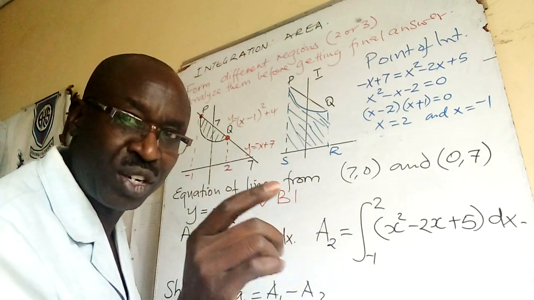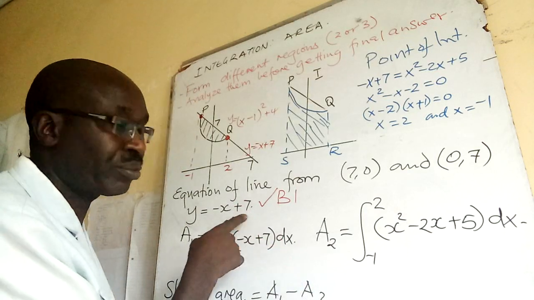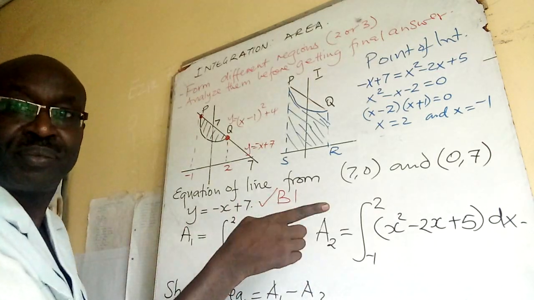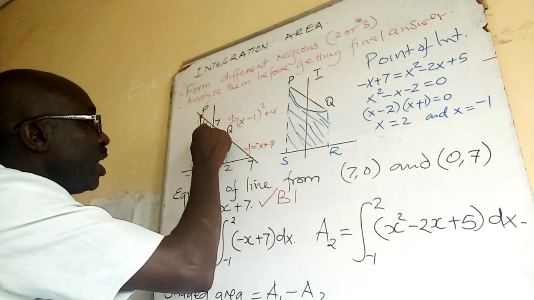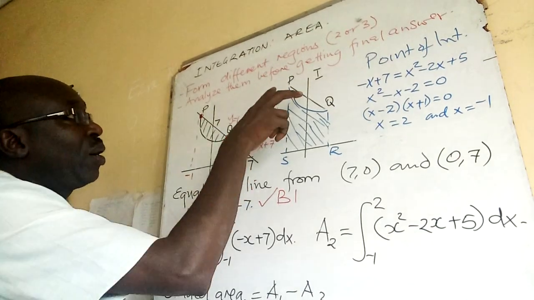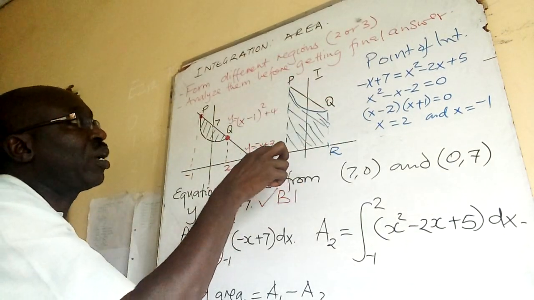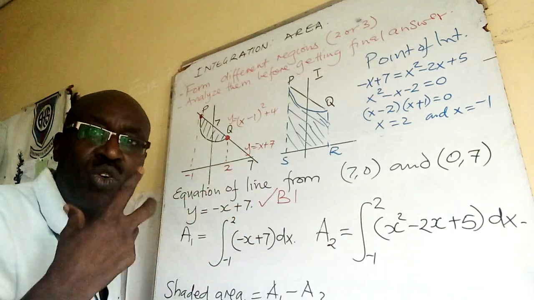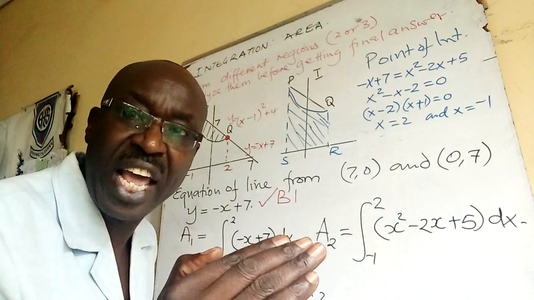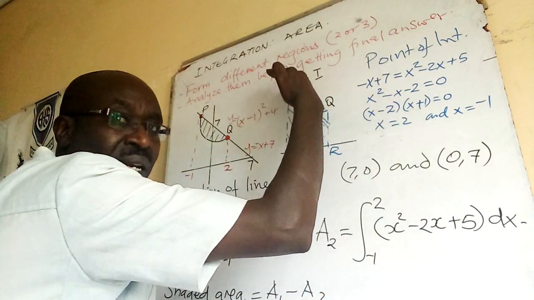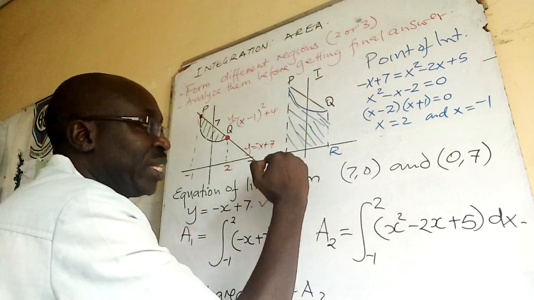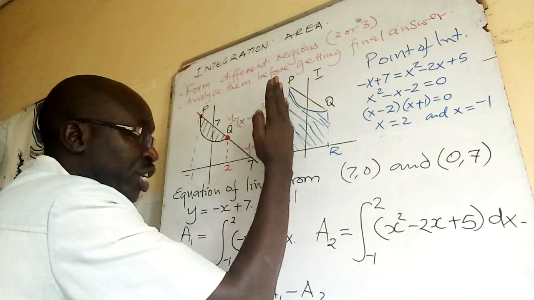The core thing I want you to get, area. So how do I get this area? Area 1, as we said, is the area of trapezium. But I don't want to use the word trapezium. It's the area bounded by the line PQ, the x-axis, and the ordinates.